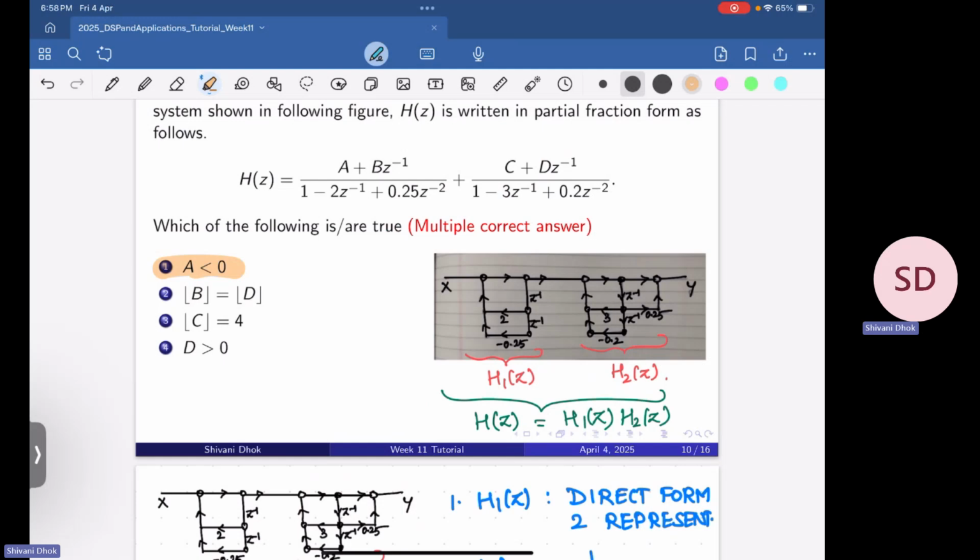Is this question clear? Take a moment and go through the solution that I have just written down.